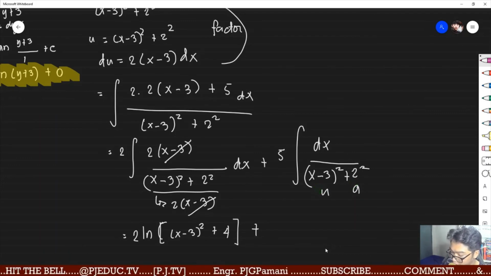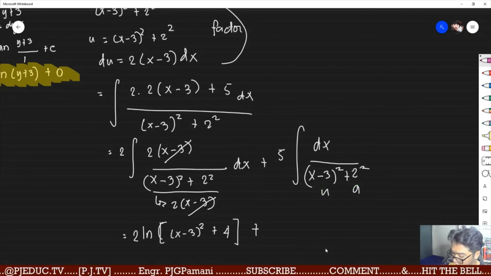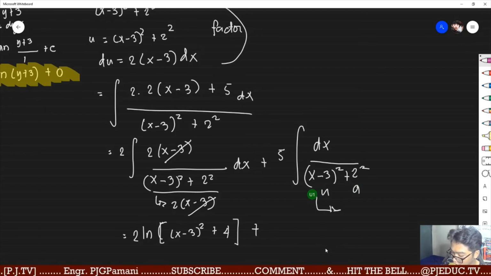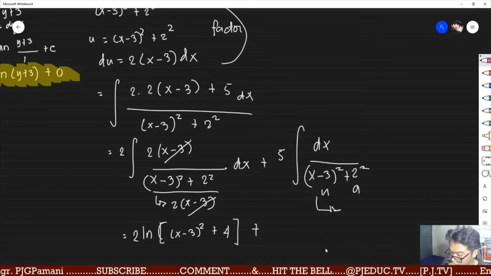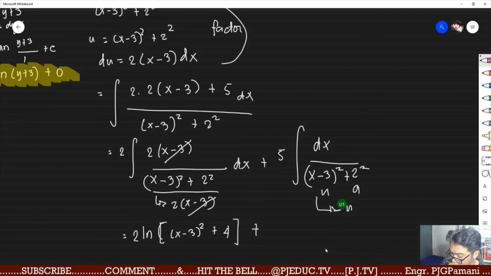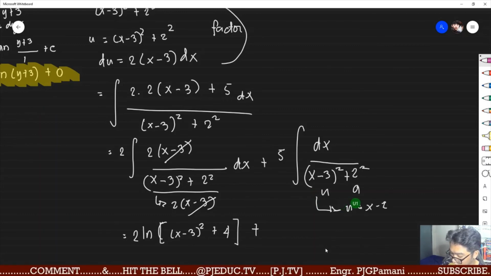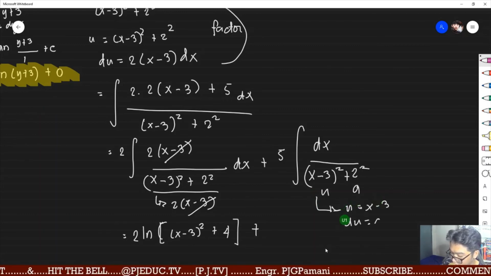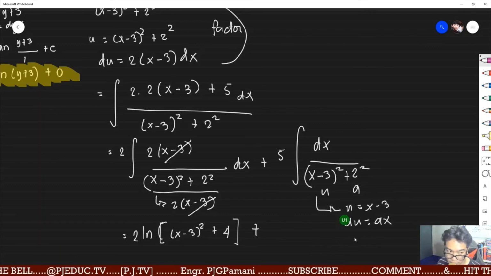So, apply formula 15. Pero yung ating U, merong correcting factor na what? That is x minus 3. Wala pala siyang correcting factor. du dx. Parehas lang.